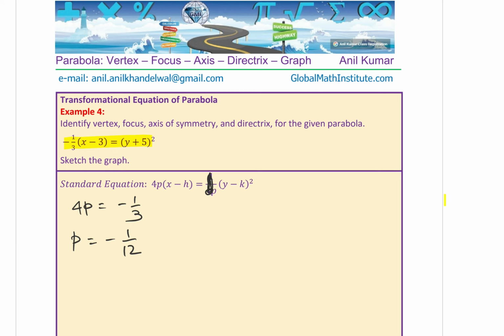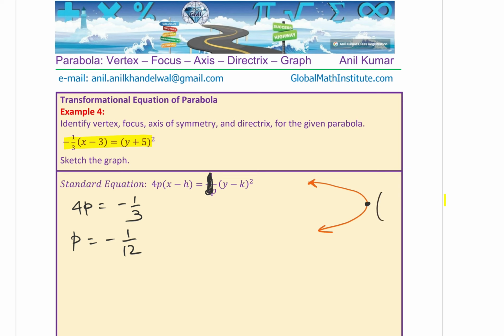Since we have a negative here in this case, it means it is going to open left, right? Since we have this negative, it is going to open on the left side. The vertex is where? The vertex is at the y value being minus 5 and the x value being 3.